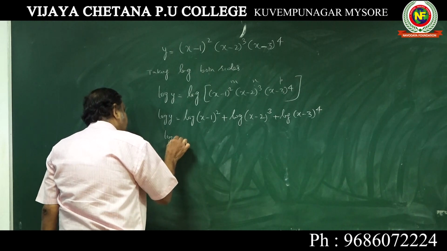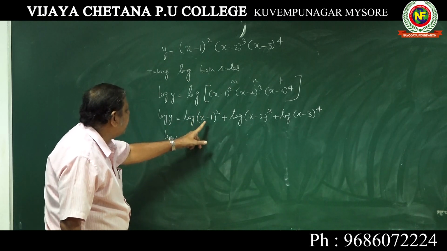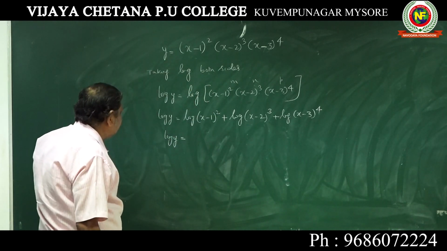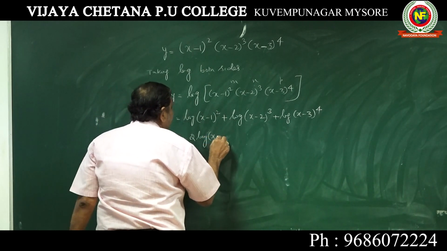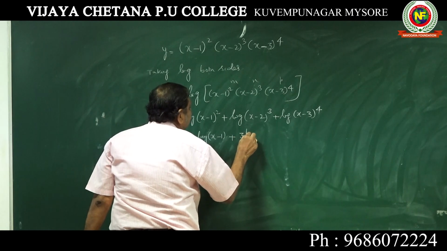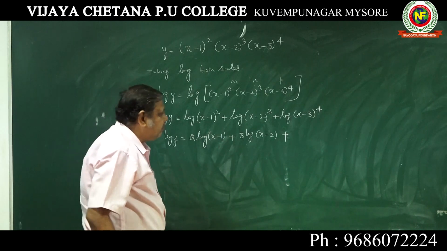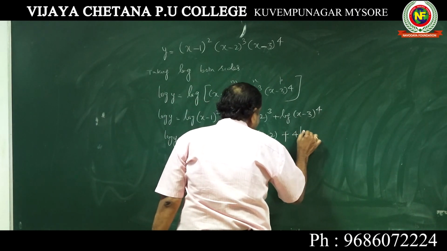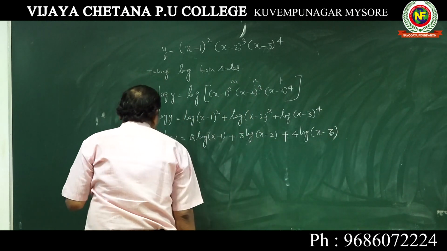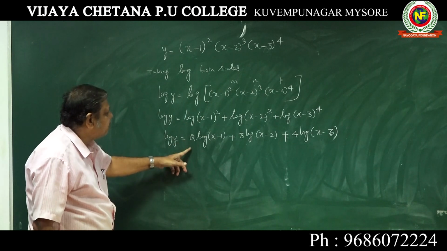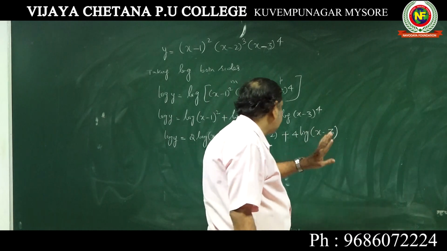Now log y is equal to, don't differentiate still. Here it is log m to the power of n, which is n log m. This will come by the side of this. So log y is equal to 2 log (x minus 1) plus 3 log (x minus 2) plus 4 log (x minus 3).